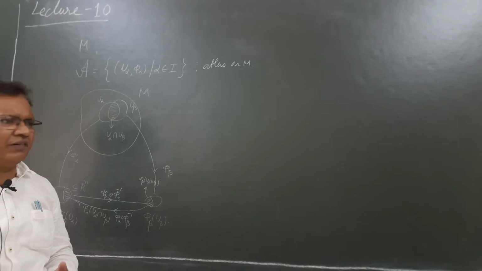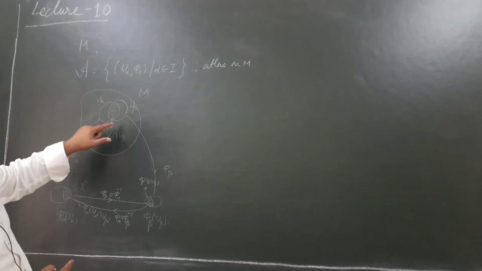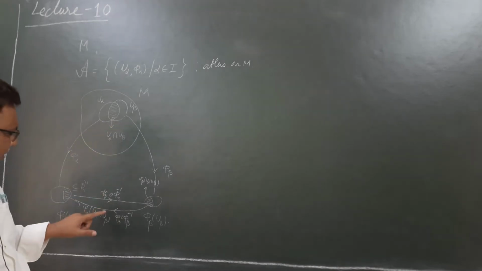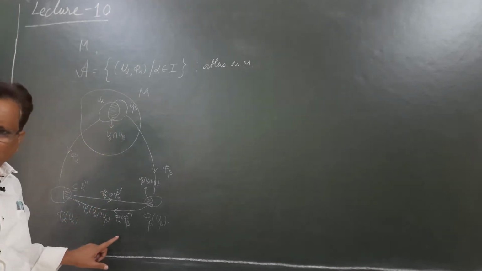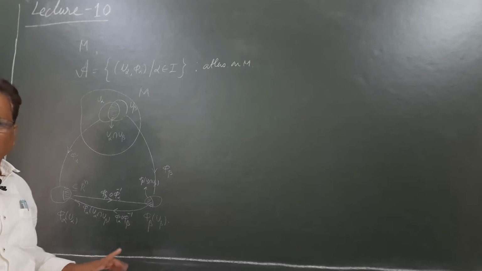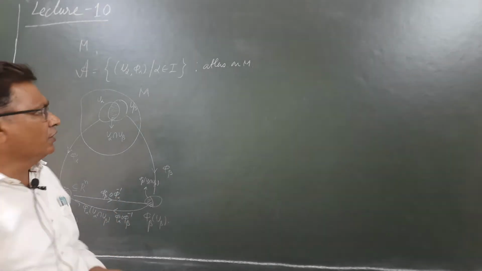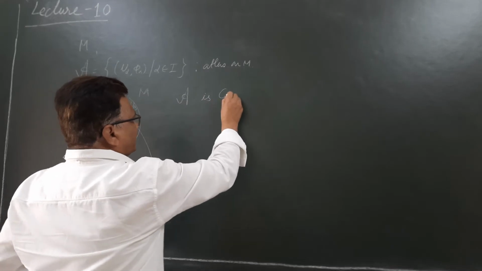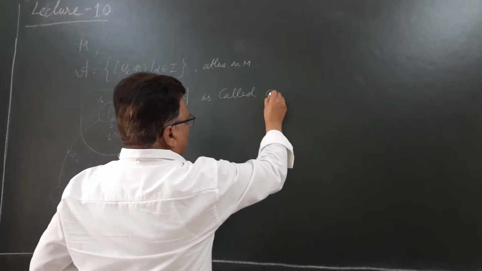If our atlas is such that whenever two open sets intersect, the transition maps are differentiable, we say our atlas is differentiable. A is called a differentiable atlas.